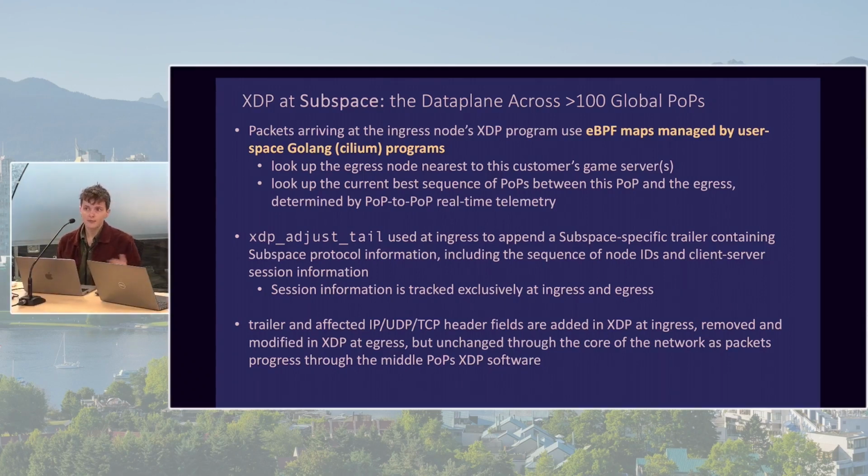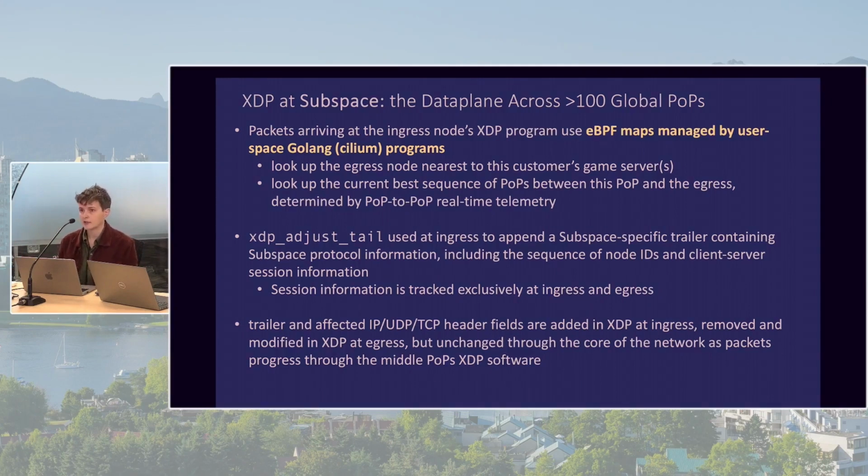So you look that up, and then that points you to a specific egress node that the customer is assigned, basically based on their location. And then you can find the best sequence of POPs from ingress to egress based on real-time telemetry. So now we have where it's come into the network, where it's supposed to leave the network, and the path it's supposed to take through the network.